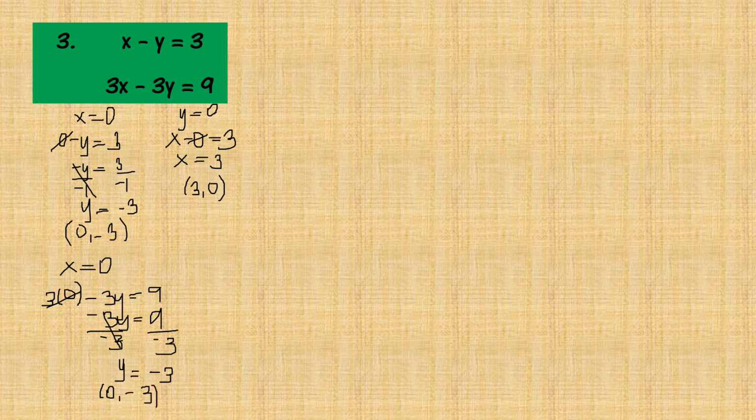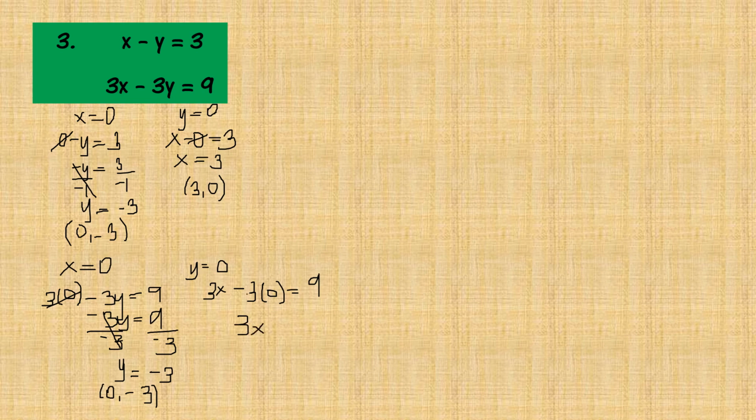Then, after that, proceed naman po tayo doon sa ating y as 0. So, substitute lang po ulit natin yan. So, we have, copy lang po yung ating 3x minus 3 times y, which is 0, is equal to 9. Then, next, copy natin yung 3x.